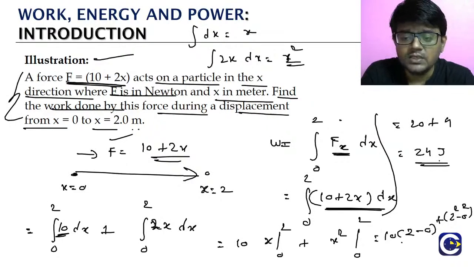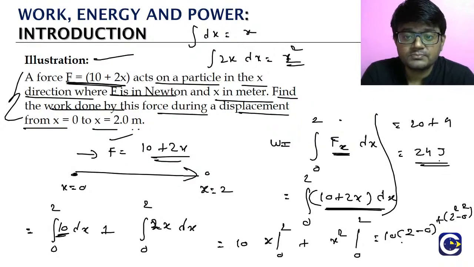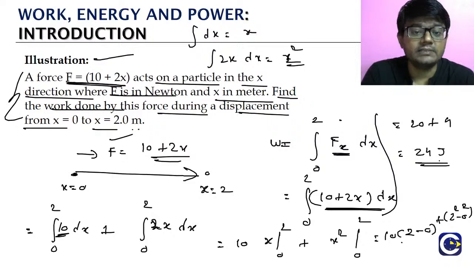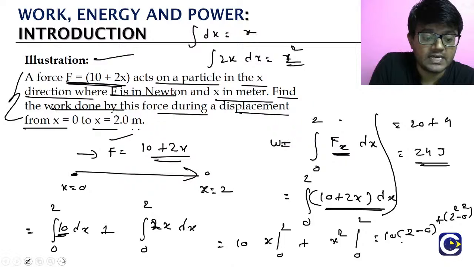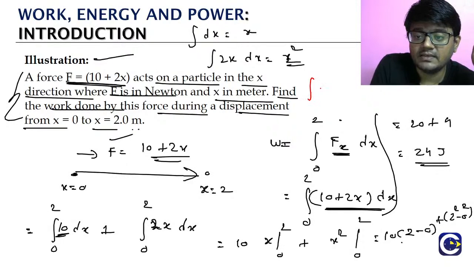Okay? While integrating, we have to be careful about the limits. Do you know, we will usually get only the standard integrations. Very complex integration expressions won't come. You will have only very simple integrations like integral dx, integral 2x dx. We have a very standard result for all these algebraic or exponential things, right?